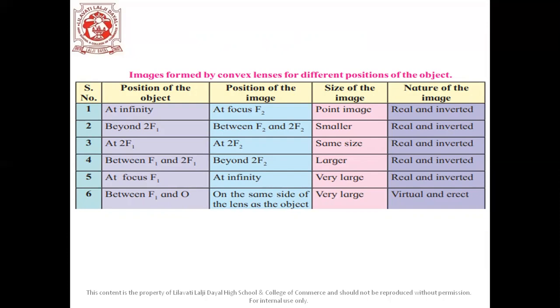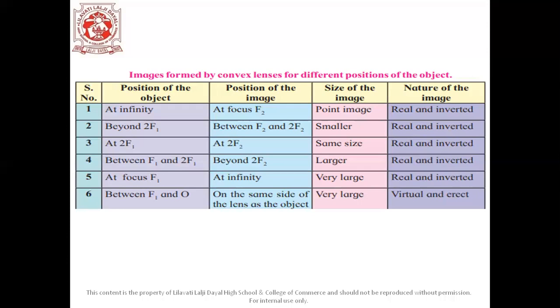The size of the image is called a point image, and the nature is real and inverted. Second, if the position of the object is beyond 2f1, the position of the image is between f2 and 2f2. The size of the image becomes smaller and the nature is real and inverted.